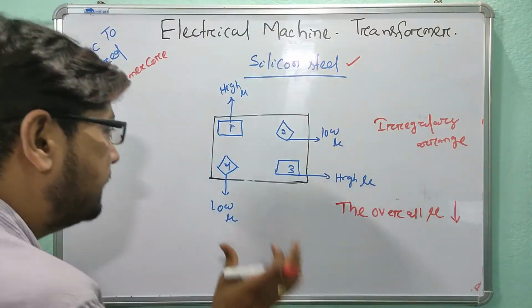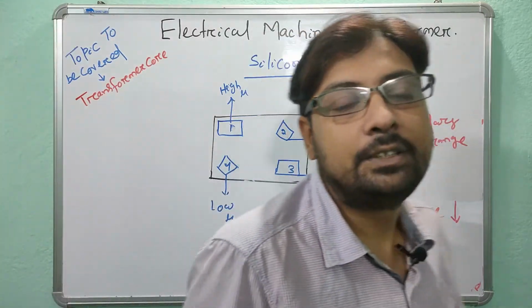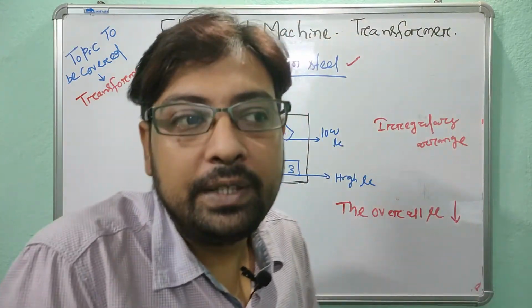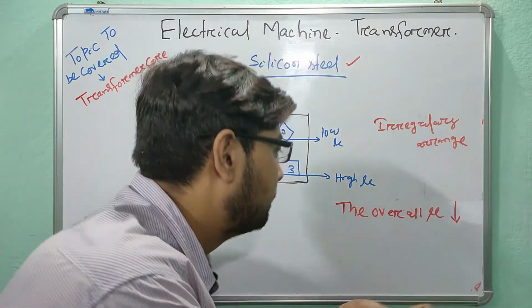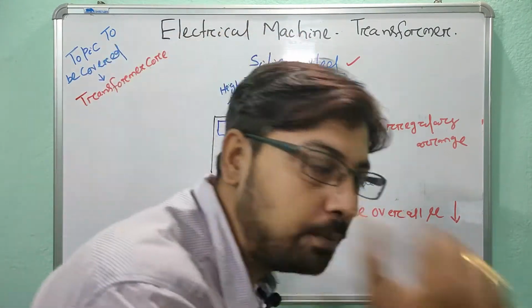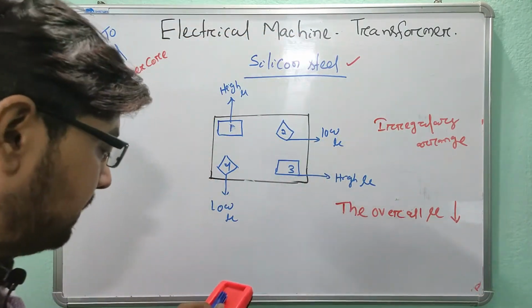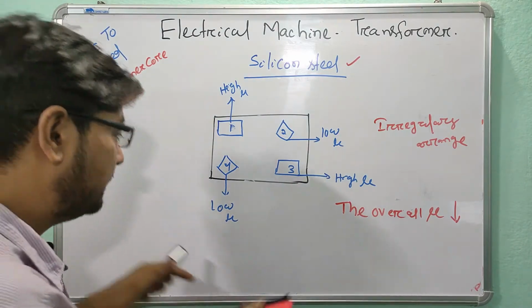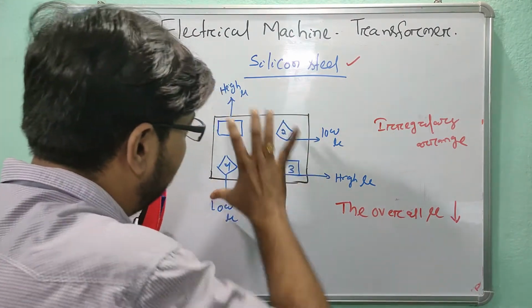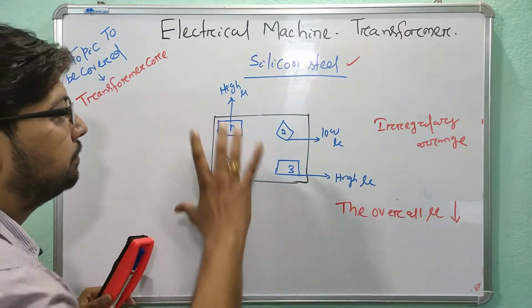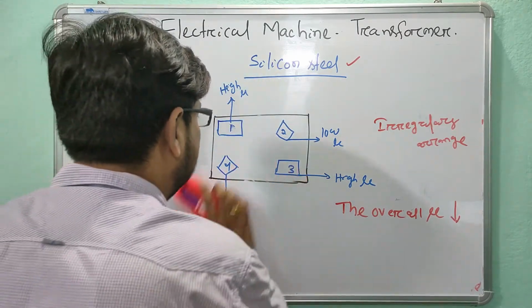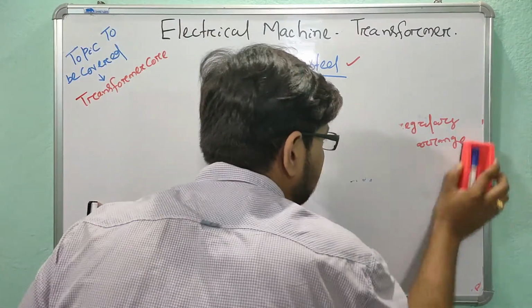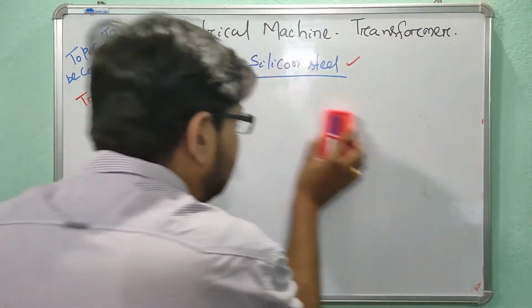Then the question is how we increase the permeability of the silicon steel. There are two processes to increase the permeability, that is to arrange all the grains for high permeability. For that we use two techniques.